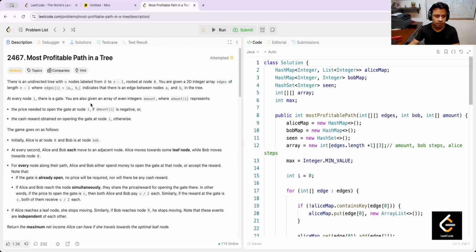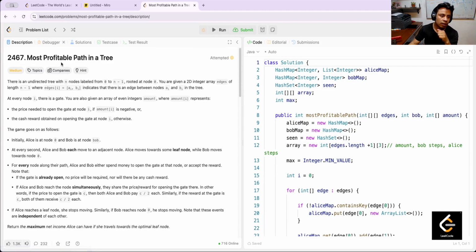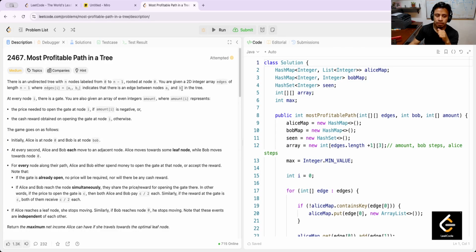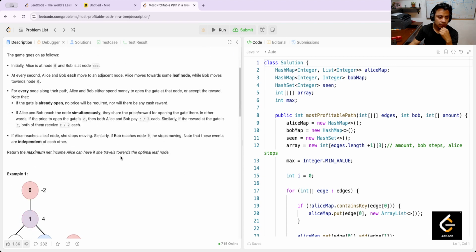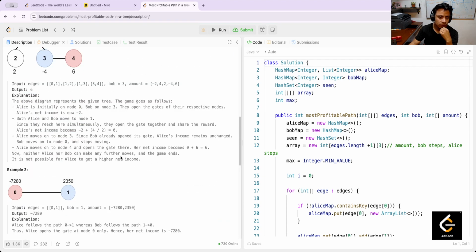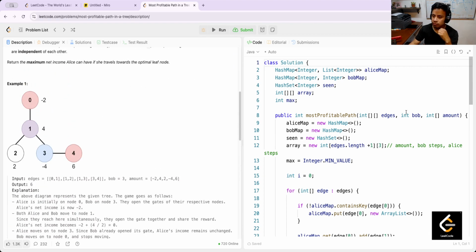Now, as a summary of this problem, in essence you have one tree, a directed tree, and you have two players, Alice and Bob. Alice always starts in node 0, and we need to search for the most profitable path in the tree. And Bob could be in the position n.